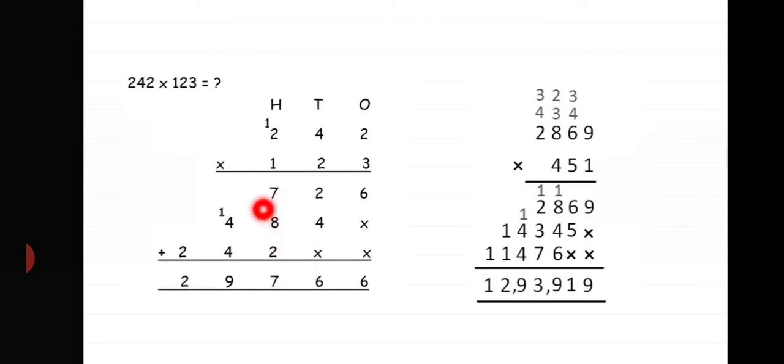So 7 down, 1 goes up. 1 plus 4 is 5. 5 plus 4 is 9. And 2 here. So after you perform all the steps, you add and you get the final answer, that is called the product. Similarly, if you see the number here, again here it's a 4 digit number multiplied by a 3 digit number. The same step follows here.